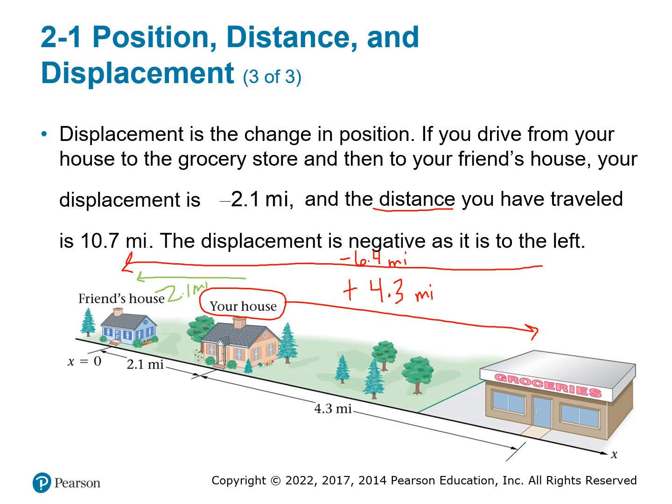So displacement is negative 2.1 miles because you only care about where you started, which was your house, and where you ended. It does not care about the grocery store in between. Distance cares about you going to the grocery store and back. So distance is the total that you travel. Displacement only cares about from start to the end. That's it.